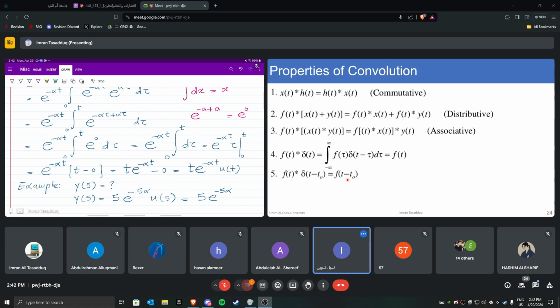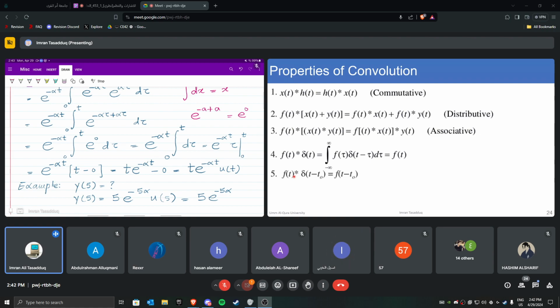Doctor, I have a question. Yes. In property 4, the tau should be inside the limit minus infinity and infinity. Say your question again. When we do the integration for impulse and we put f of t naught, here minus tau, tau has to be inside the limit. Are you talking about property number 4 or 5?